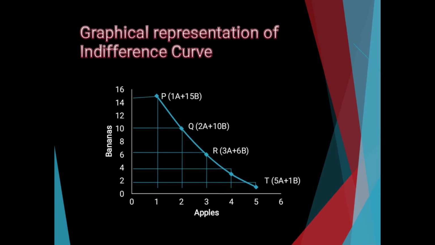So this is the graphical presentation of the indifference curve. Always remember, it is always convex to the origin. On the x-axis we take apples and on the y-axis we take bananas. When we plot these points on both axes, we get a curve known as the indifference curve.